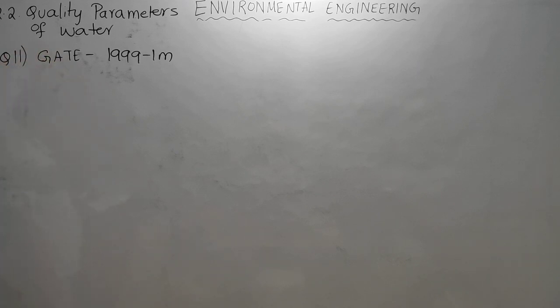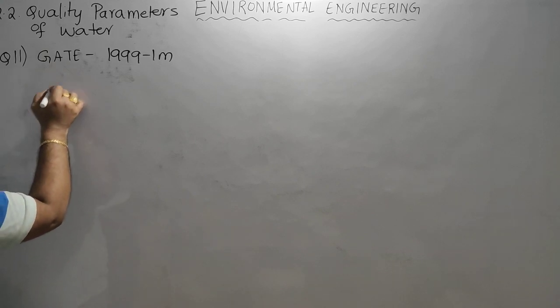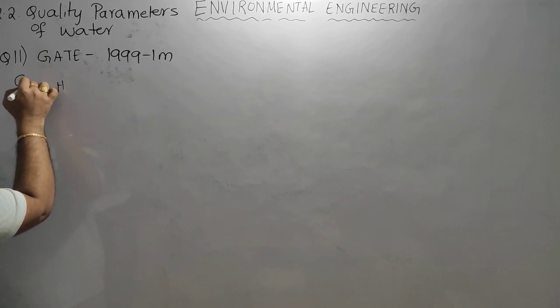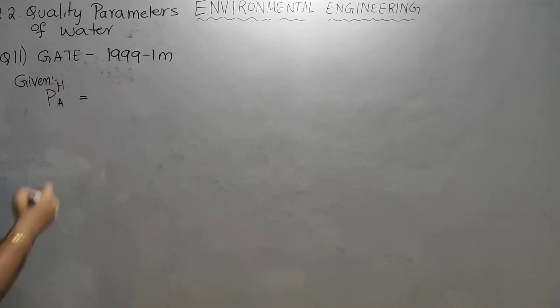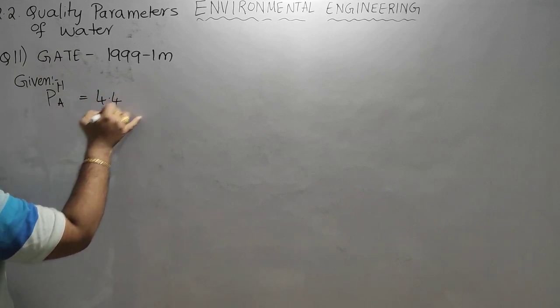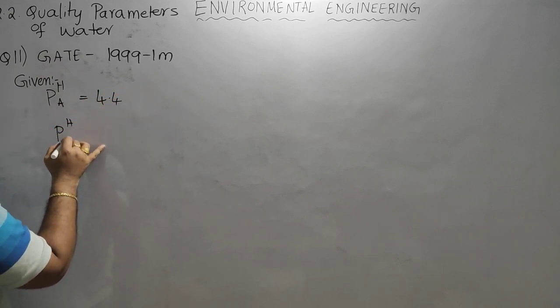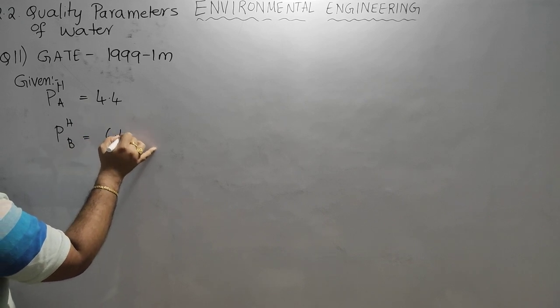Two samples of water A and B have pH values of 4.4 and 6.4 respectively. Then how many times sample A is more acidic than sample B? So here pH of A, what is the given data? pH of A is 4.4 and pH of B is 6.4.